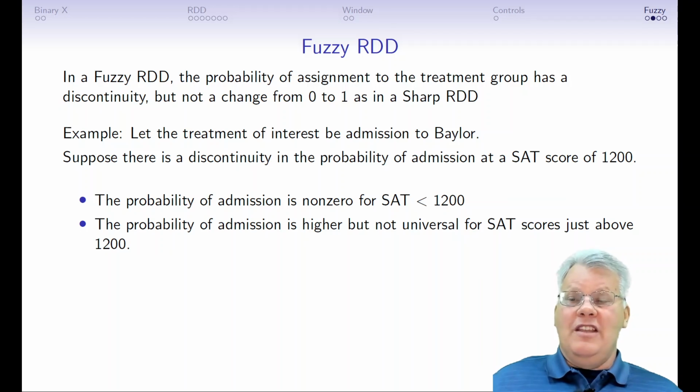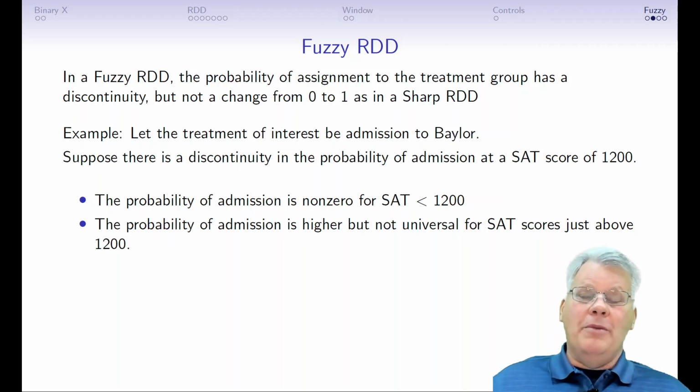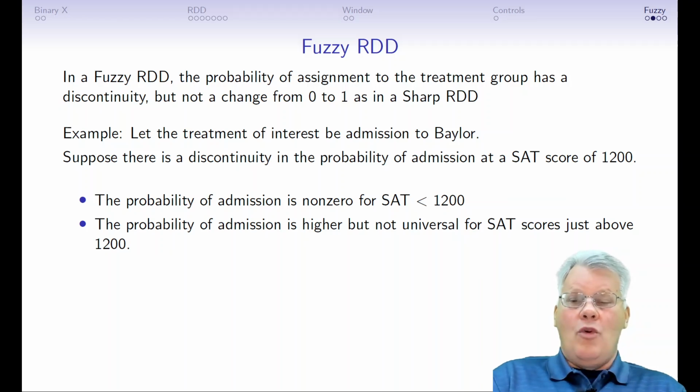And suppose that the admissions office at Baylor has a sharp discontinuity in the probability of admission around a combined SAT score of 1200.